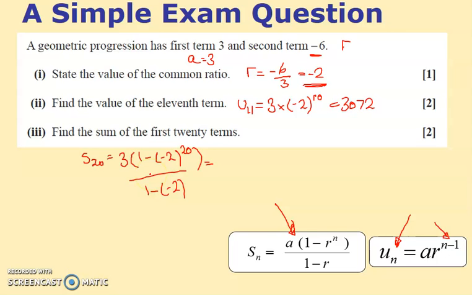But using the fraction button, it's 3 times the bracket of 1 minus bracket, negative 2 to the power of 20, close the bracket, divided by 1 minus minus 2. And you could just write 3 there if you want, or type it in properly. And I get a rather large but negative answer.